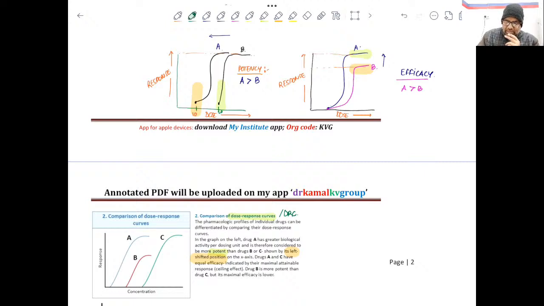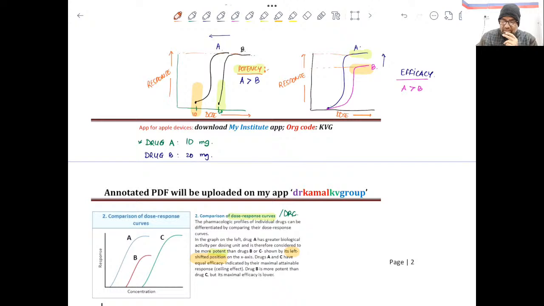So what you can see is that for drug A, 10 milligram is needed, and for drug B, 20 milligram is needed to produce the same response. So it means we are getting the same response by using less amount of drug A. So that is known as potency.